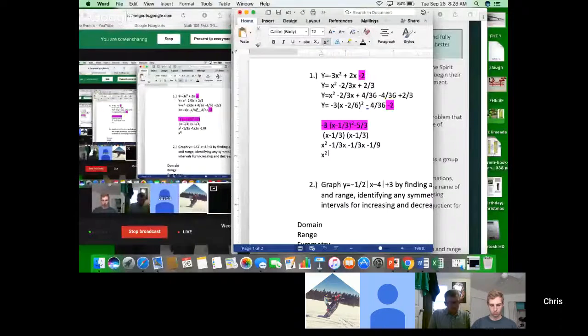And then don't forget your -3 on the front, which will change your 2/3 to a 2. And then minus 1/9, right? Yep. Okay. And then you close parentheses and subtract 5/3 from that.